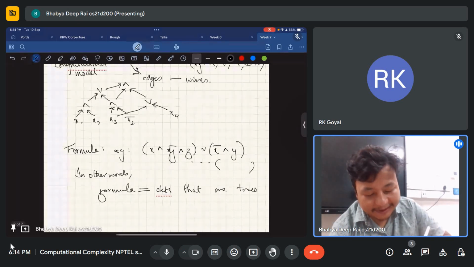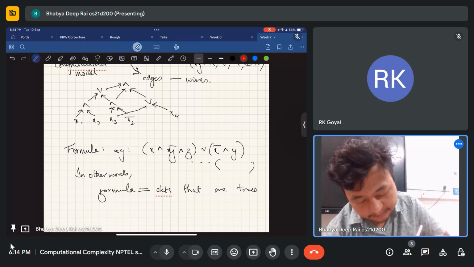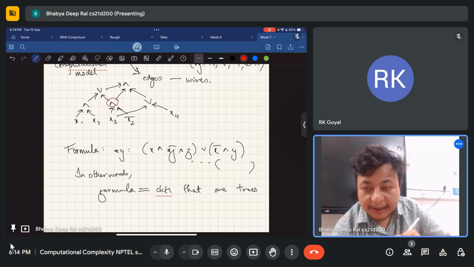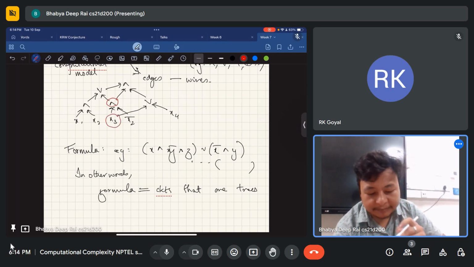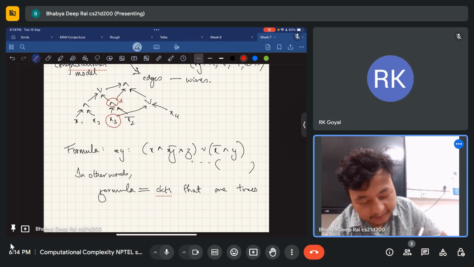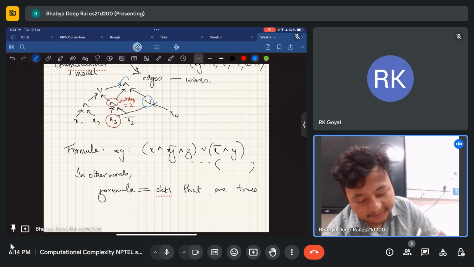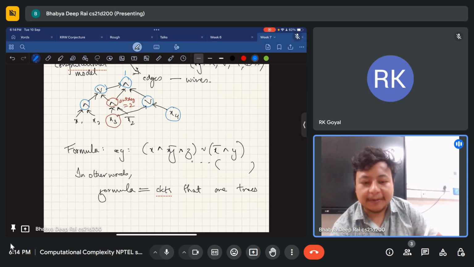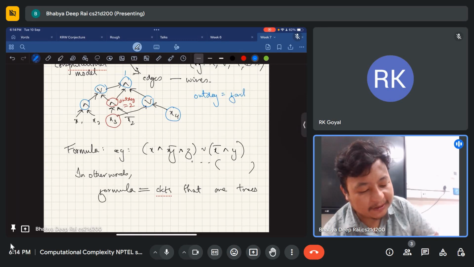One thing you can see is that this particular node and this particular node both have out degree 2, whereas all the others, for example this node, this node, this node, all of them have out degree 1.